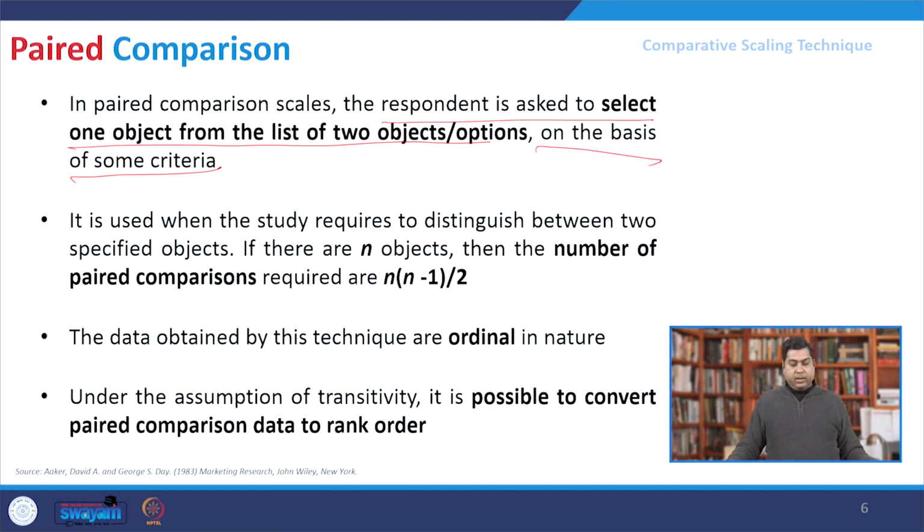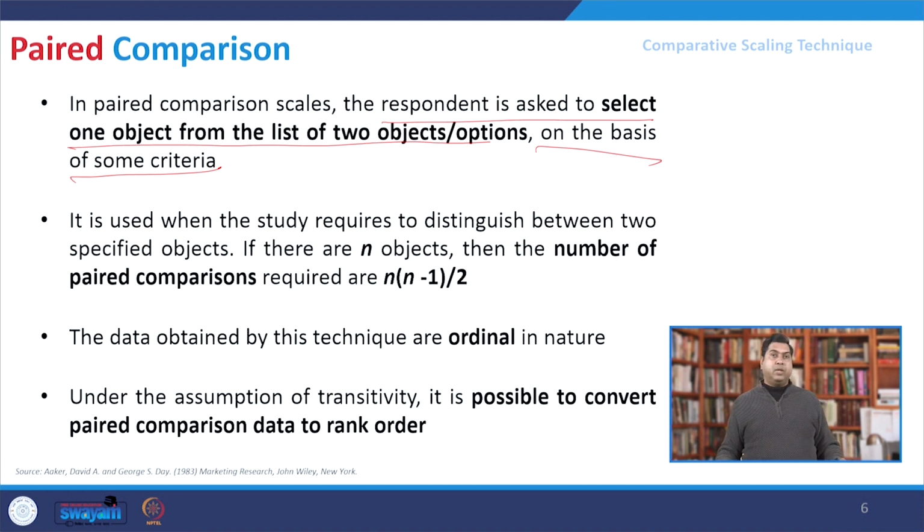Say if I ask about preference, out of these 2 buildings which one would you like to visit first. In such a case the criterion is your willingness or preference to visit, and then you compare these.